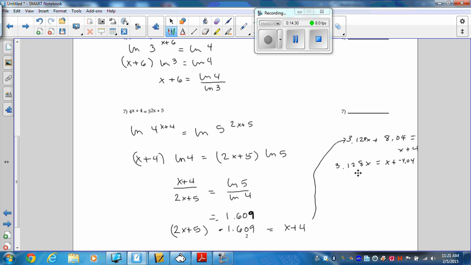Now I'm subtracting x from both sides, and 3 minus 1 is just 2, so it's 2.128x equals negative 4.04. So now I'm just dividing negative 4.04 divided by 2.128, and that gives me negative 1.898. And so this is going to go up to negative 1.90 if I'm rounding this to 2 decimal places.